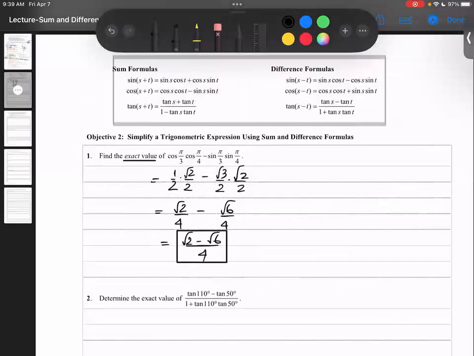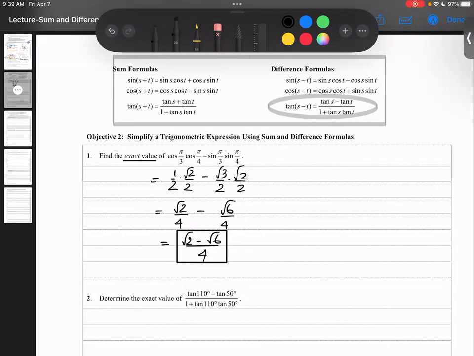Look at tangent. It looks like this one, right? Tangent S minus tangent T over 1 plus tangent S times tangent T, with tangent 110 minus tangent 50. Okay, so all you have to do is reverse it.